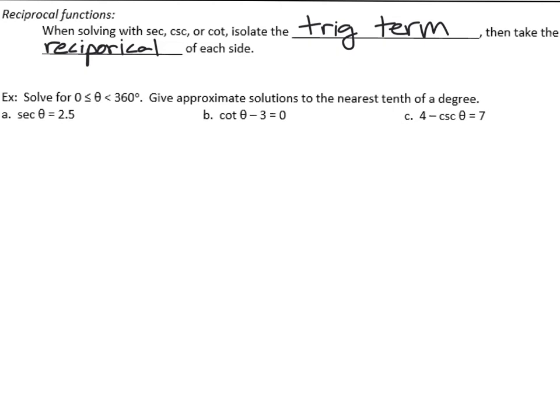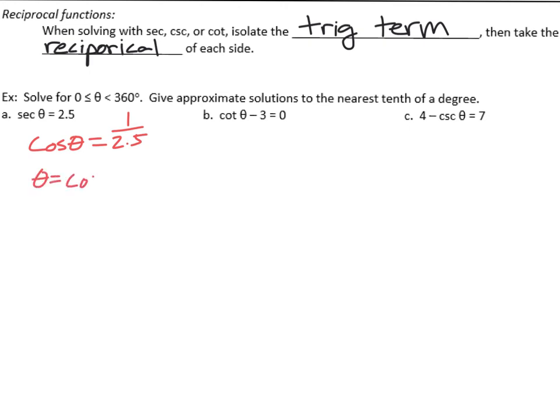All right? There's nothing to move here with secant, right? So a nice easy example here to get going. Secant is 2.5. No, that's not going to work. Take your reciprocal trig function, which for secant is cosine, and then go 1 over 2.5, right? Flip the number. Instead of 2.5 over 1, 1 over 2.5. Once we have that, we are in business.